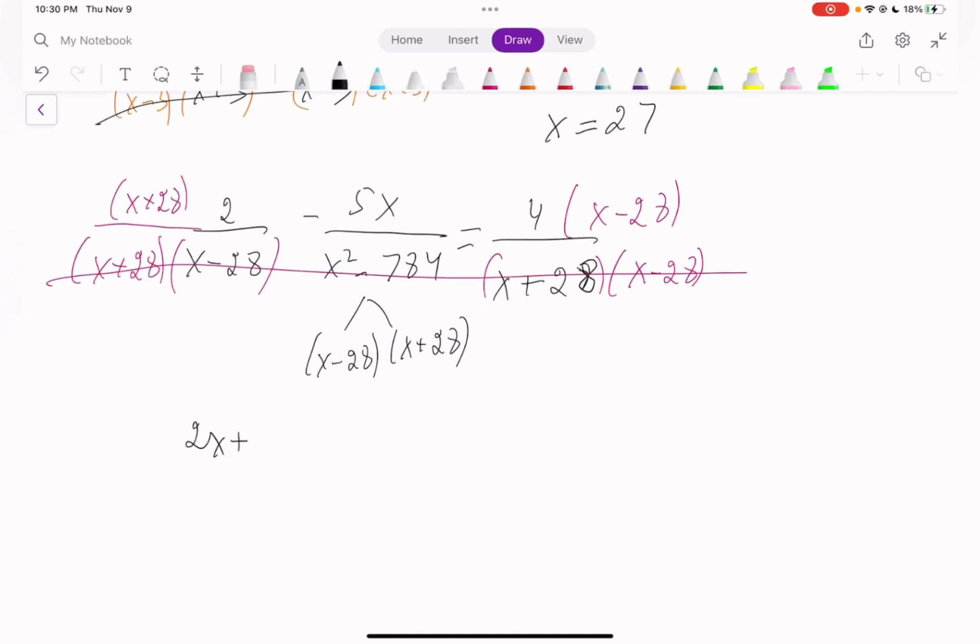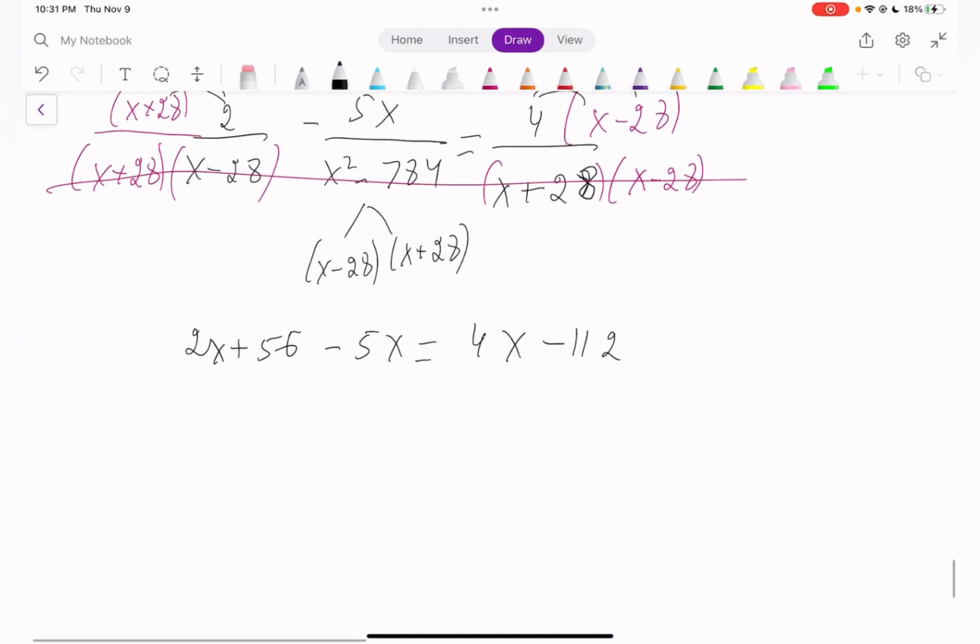I'm getting 2x plus 56. I just distribute. Minus 5x equals 4x minus 28 times 4, 32, oops, yeah, 8 times 4 is 32, 3 in mind, 8 and 3, 11, 112. So let's combine these like terms. What do I have? 2x minus 5x is negative 3x, and negative 4x is going to be negative 7x.